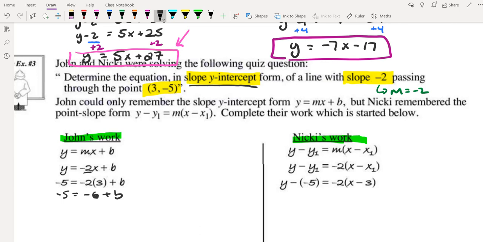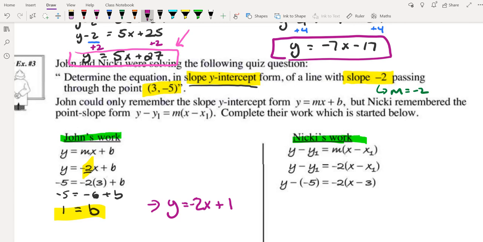We move the 6 over to the other side. We have 1 is equal to b. So now we know the slope, which is negative 2. We know the b value, so we can say y is equal to negative 2x plus 1.